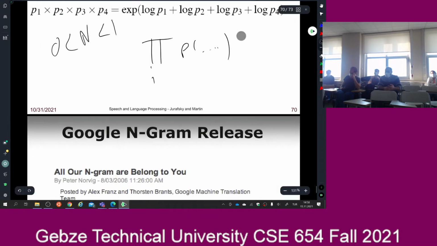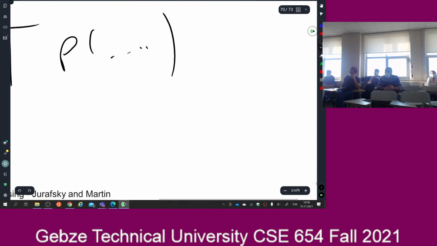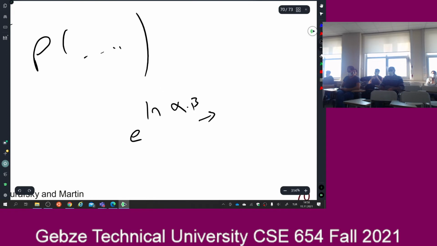So what we do is this. If I have numbers alpha and beta, you just take the logarithm, the natural logarithm, ln. e to the power ln of alpha times beta is the same as alpha times beta. But the nice thing is, I can write the same formula as ln alpha plus ln beta.